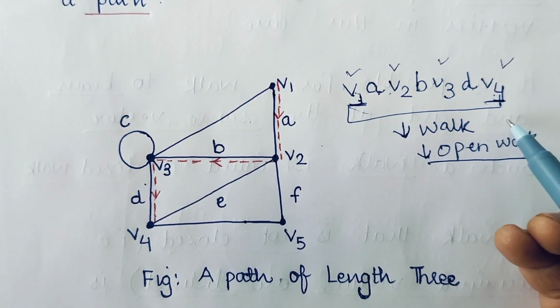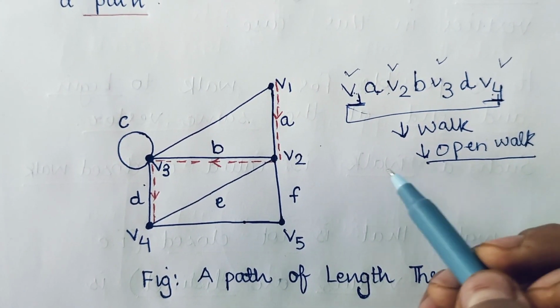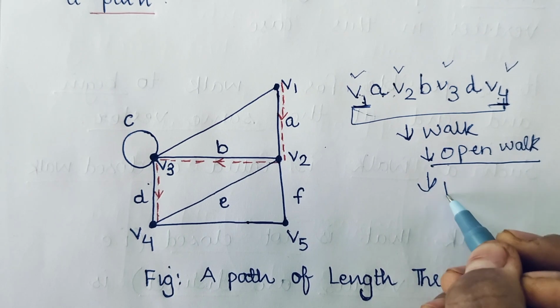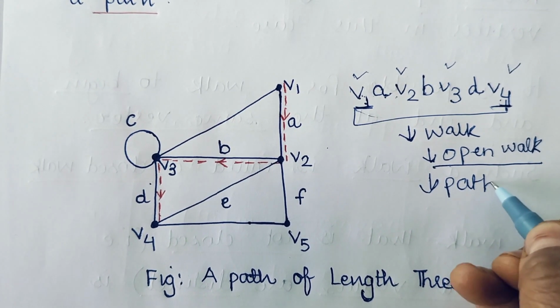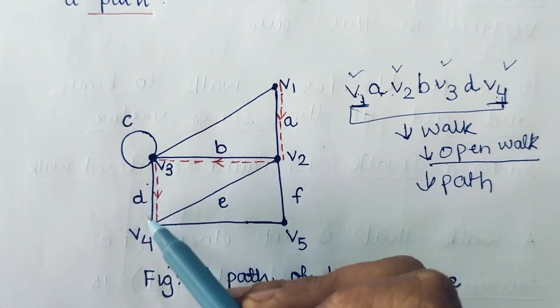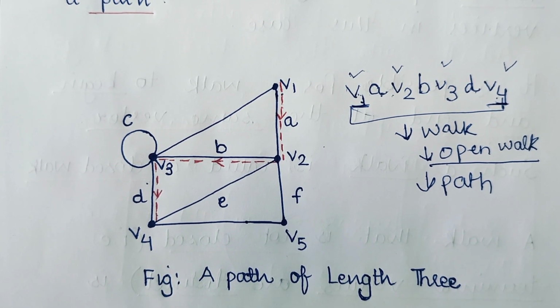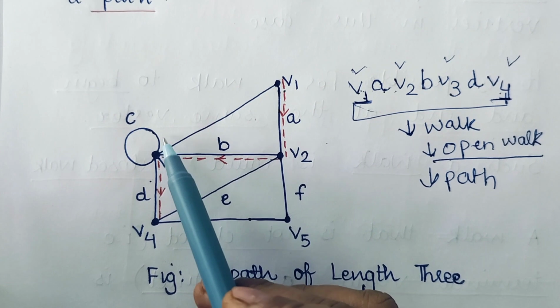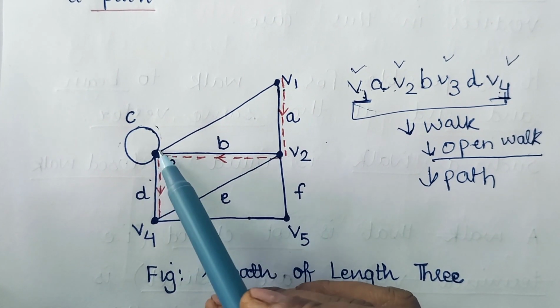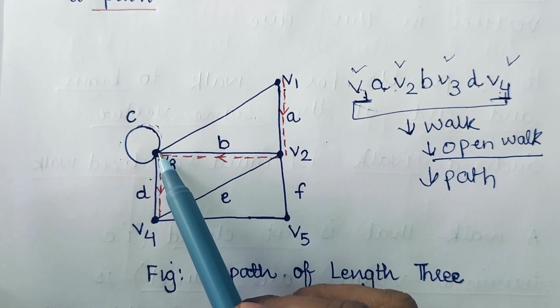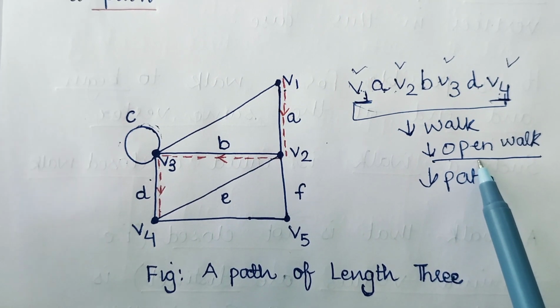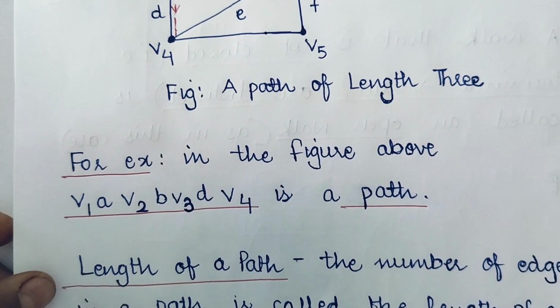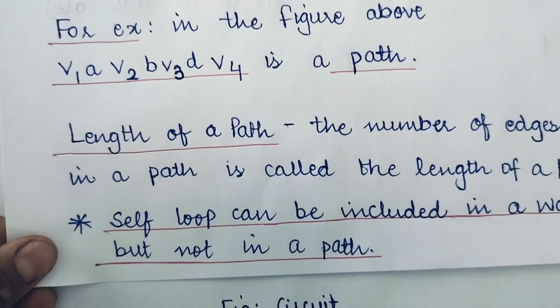All vertices are unique in this walk. So I can say that this is a path. These red dashed lines represent a path in this walk. Just by eliminating the self loop edge in this walk, we got a path.